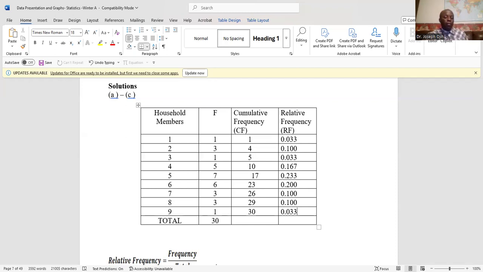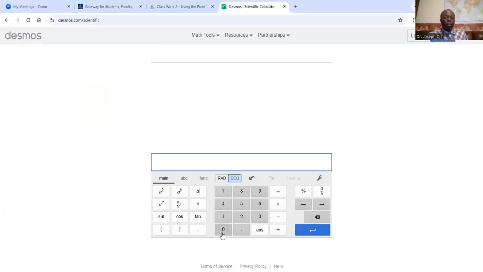So we're going to go to the calculator. Clear this. We have 0.033 plus 0.100 plus 0.033 plus 0.167 plus 0.233 plus 0.200 plus 0.100 plus 0.100 plus 0.033.